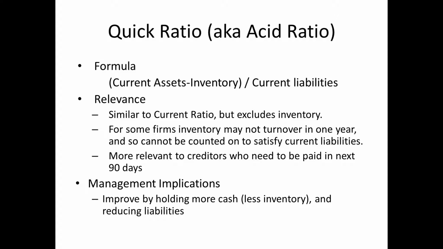And so it really speaks to how much cash you could raise if you did no more business, had no more sales, and you just had the cash you have now plus the accounts receivable that you'll collect. And so clearly it's much more focused on a more extreme scenario.